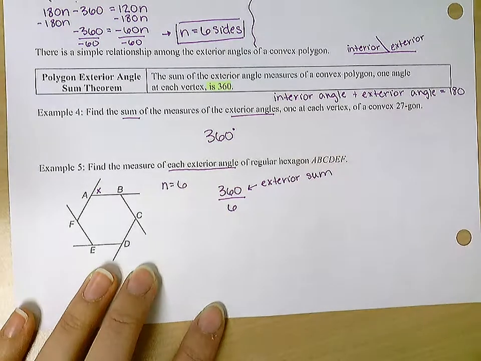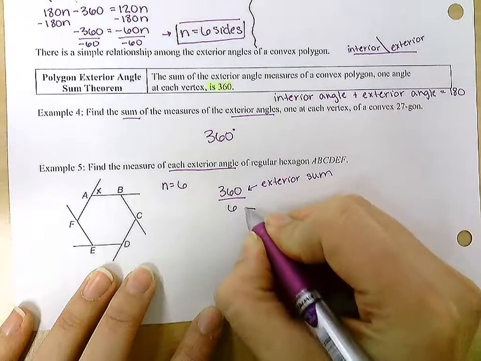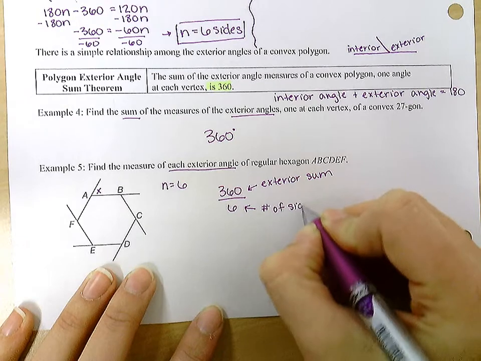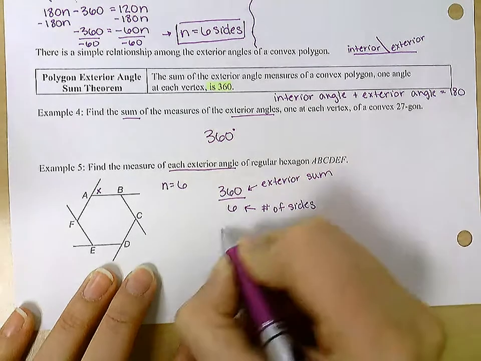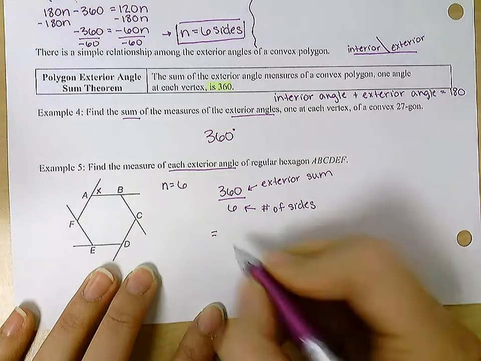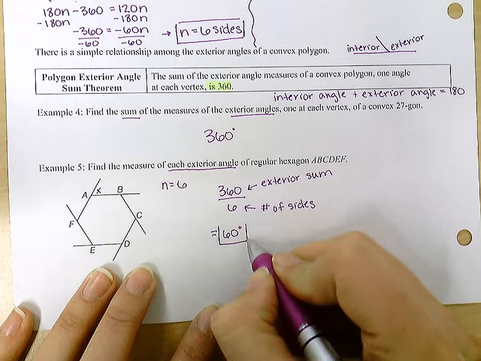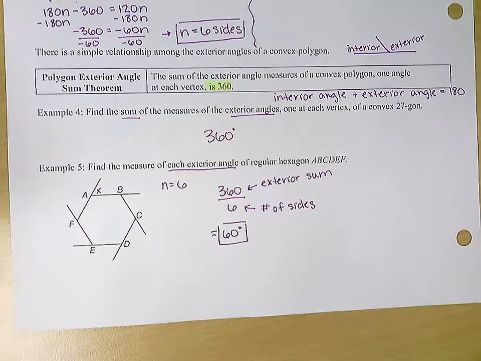Okay, that's your exterior sum. Divide by your number of sides. Okay, so each exterior angle will be 60 degrees. Questions?